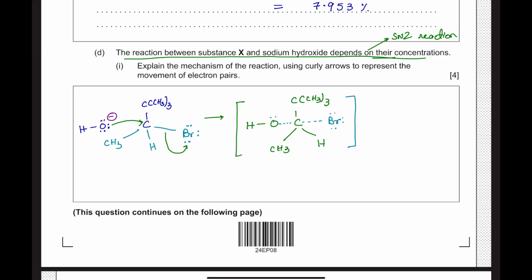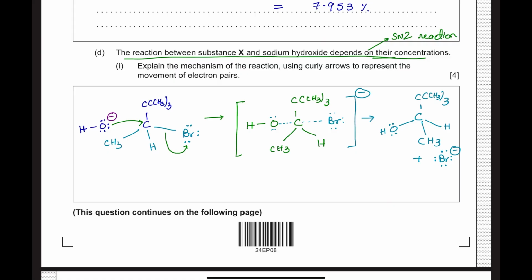There will be a negative charge, right? And then finally, you will have Br minus. This is the entire SN2 mechanism.